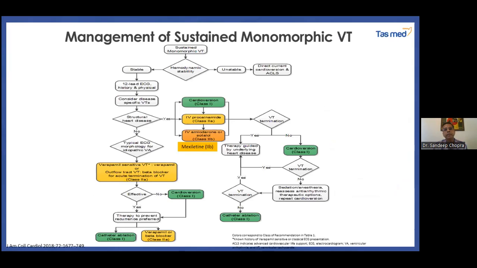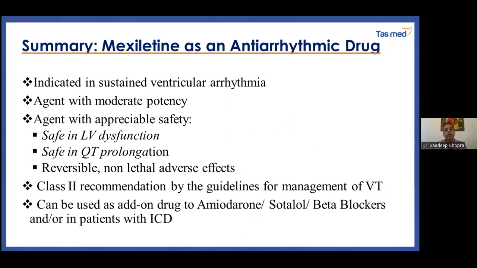Obviously, if there's hemodynamically unstable VT, you directly cardiovert. If it's stable VT, you start with amiodarone or sotalol, and then you give Mexiletine to start with. If there's structural heart disease, on a long-term basis, you can give oral amiodarone or oral Mexiletine. So summarizing, it is indicated in sustained ventricular arrhythmias.